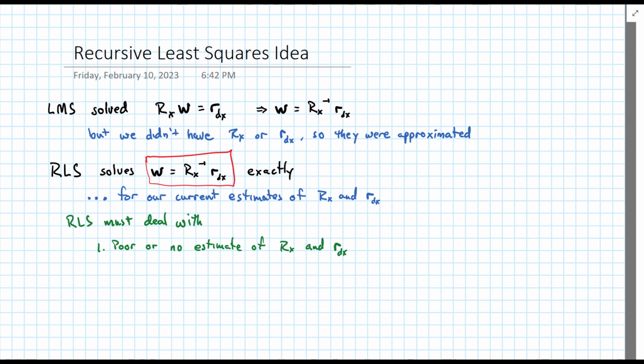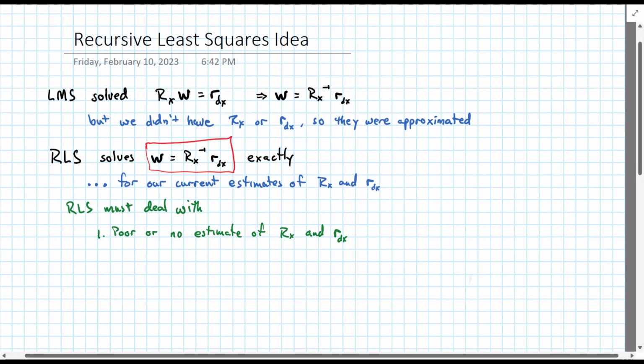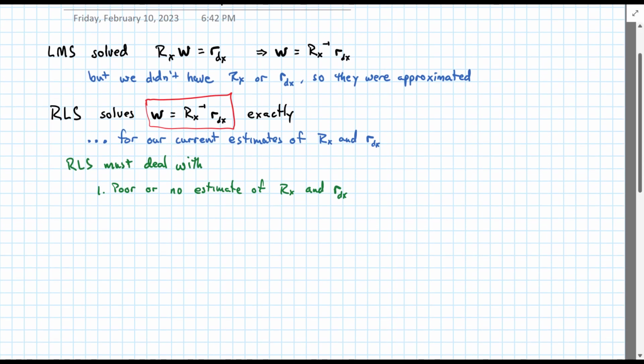Just because we have a perfect solution based on our current estimates of Rx and Rdx does not mean we have a perfect estimate of Rx and Rdx yet. So it's going to have to deal with the fact that we may have a poor estimate or no estimate of those two values, and that our estimate may improve, giving us updated Rx and Rdx.